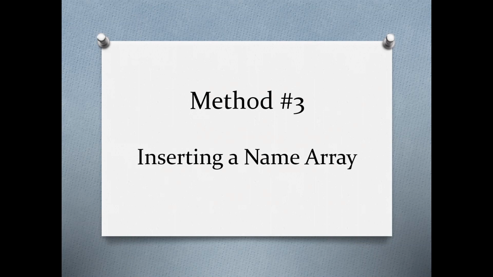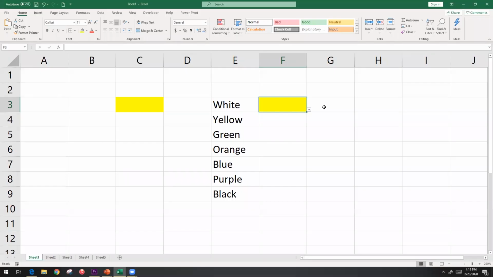So let's jump back to Excel, and a name array is great if you have a bunch of different tabs at the bottom, a bunch of different worksheets. Let's say that you have a workbook, and a workbook is all of it, the entire file, and you're working on different sheets, and you want to create a drop-down menu in multiple worksheets, but you don't want to have to go back and reference another sheet.